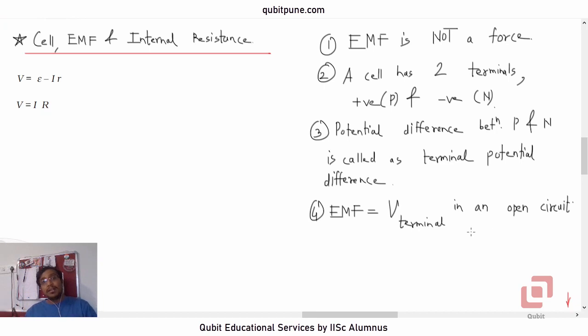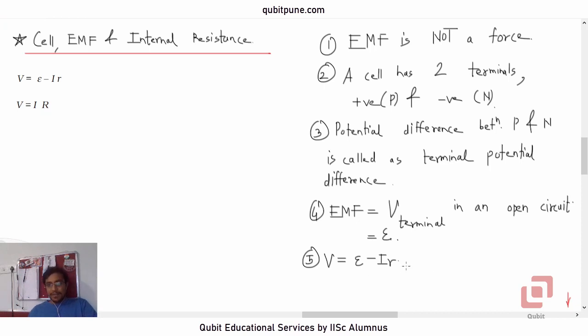And the terminal potential difference drops down to a value which is given by V equals epsilon minus Ir. So epsilon is the electromotive force, EMF. Again, it's not permittivity, it's epsilon, EMF.